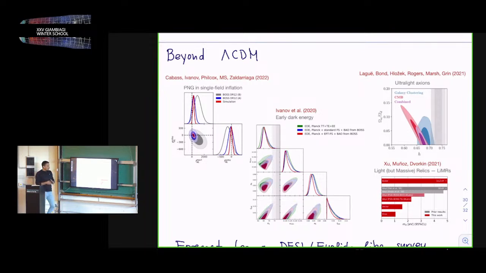So already we are now able to do things which were unimaginable just a few years ago, where we can measure directly, for example, non-Gaussianities from the BOSS data, or constrain some extensions of the early universe and add meaningful information to the CMB using the BOSS data. Or let's say constrain ultralight axions. You can see the CMB constraint alone, the BOSS constraint alone. In combination, they're much better than the CMB alone, and so on and so forth. So it's an important improvement.